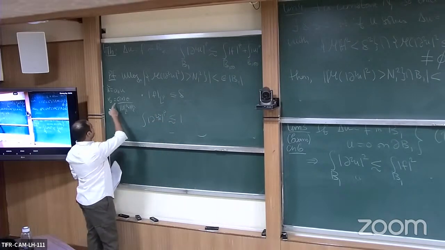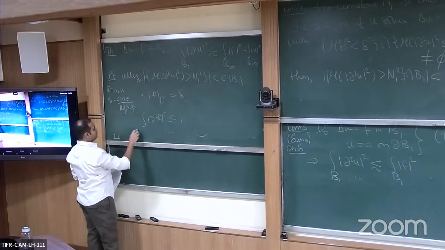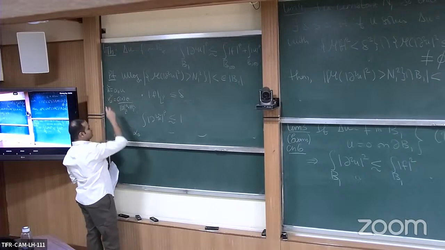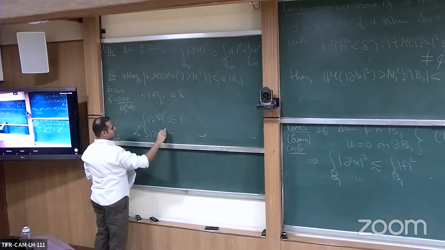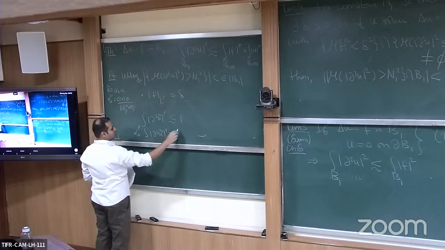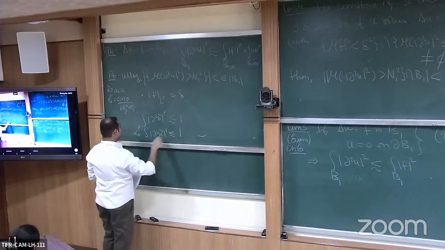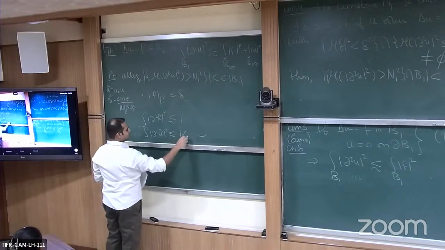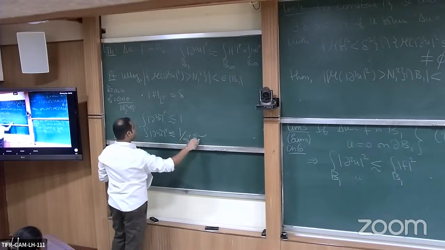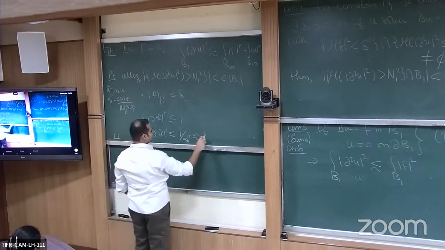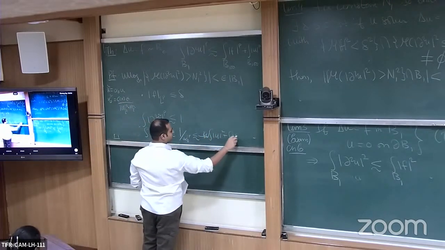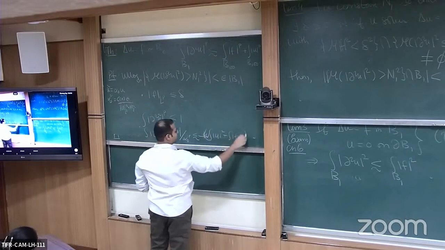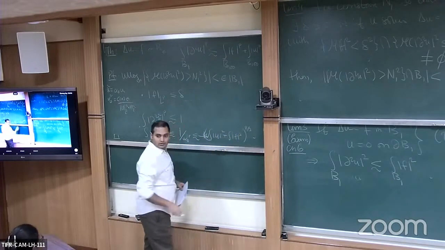Then this is like alpha naught power p, so the integral of u tilde to the power p is 1 by alpha naught power p, which, if I start ignoring constants, is u squared plus f squared to the power p by 2, right?